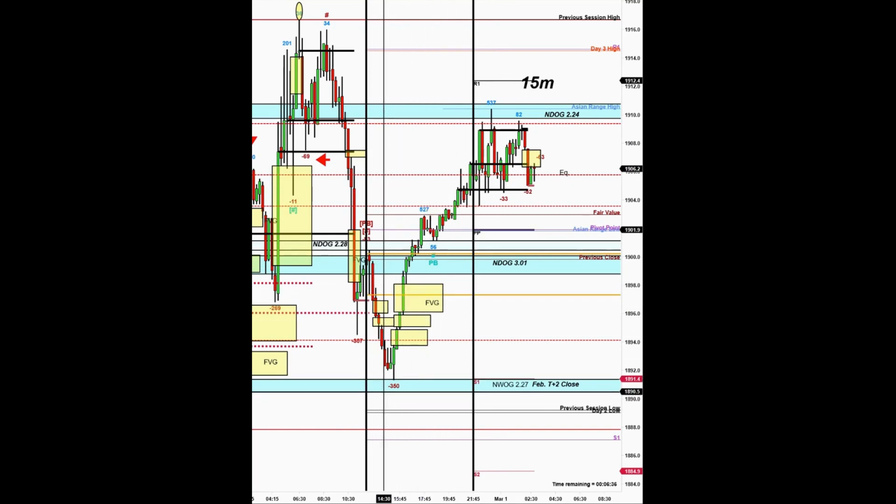Note that delta is minus 350, and up here with that swing high is a delta of 537. We'll just see if we've got the legs to break these swing highs of the prior day, and the first zone to conquer is this 1914 to 1916 zone. See if we can hit these buy stops above that.